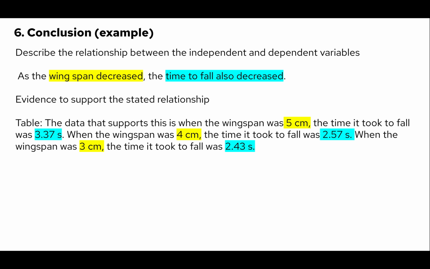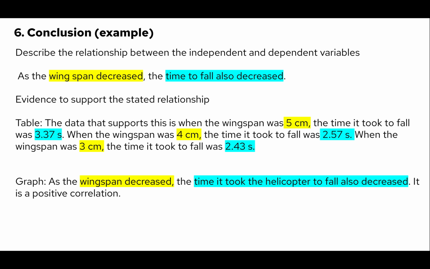Notice again, my independent variables are in yellow and my dependent variables are in turquoise. And I used the data from my processed table. I don't use the data from the raw table. The processed one, again, it's the mean that I'm using. In my graph, as the wingspan decreased, the time it took the helicopter to fall also decreased.